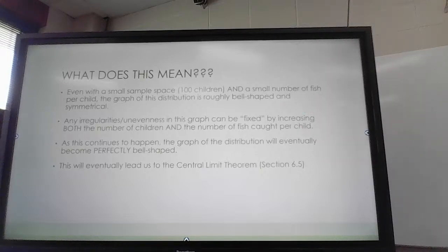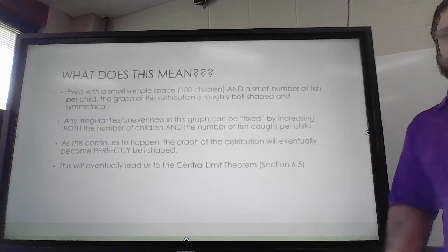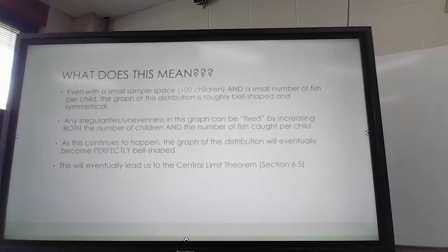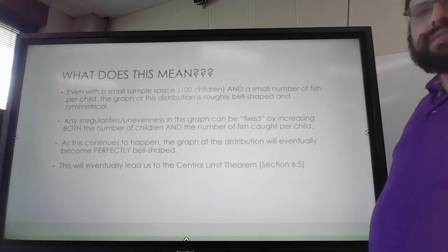If you want to make it more even and more bell-shaped, you can do that by both increasing the number of children and increasing the number of fish caught per child. As this continues to happen, the graph will eventually become perfectly bell-shaped, and this will lead us to the central limit theorem in the next section.